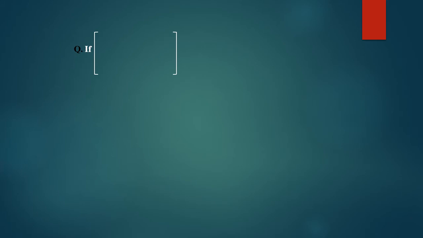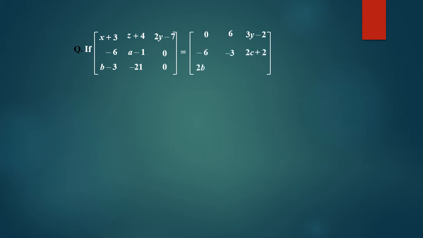First question, if the matrix x plus 3, z plus 4, 2y minus 7, minus 6, a minus 1, 0, b minus 3, minus 21, 0 is equal to the matrix 0, 6, 3y minus 2, minus 6, minus 3, 2c plus 2, 2b plus 4, minus 21 and 0, find the values of x, y, z and a, b, c.